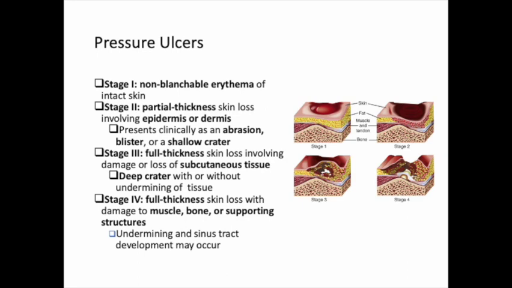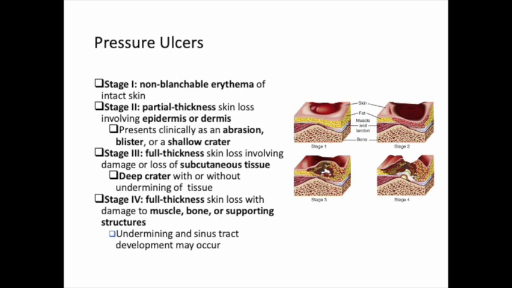There are stage 5 and stage 6 pressure injuries, but we don't usually talk about them in terms of stages. However, these are unstageable. A stage 5 would be an example of a full thickness skin and tissue loss, and you might see sloughing and eschar.